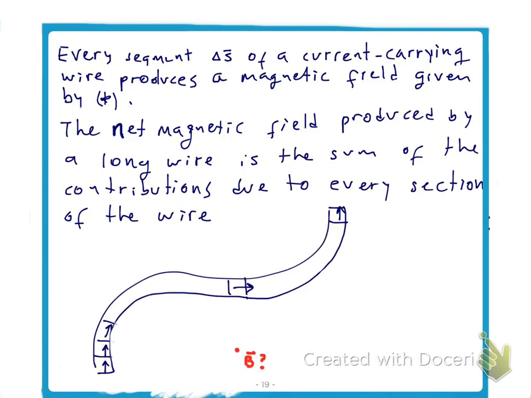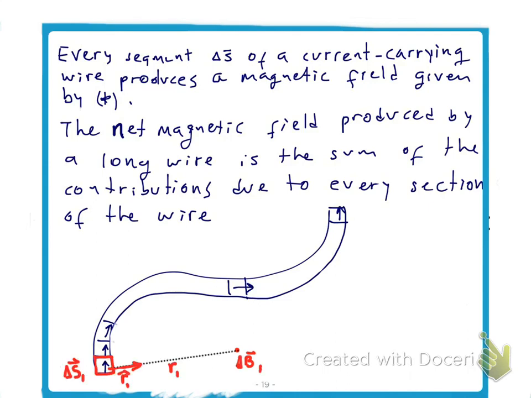So let's suppose that we have some curvy wire somewhere in space, and we're wondering about what's the magnetic field at a particular location produced by the current in this wire. So what we're going to do, as we've done before, is divide the wire into segments.